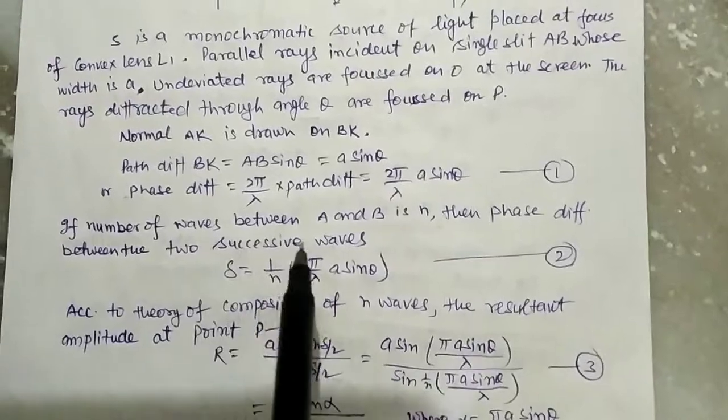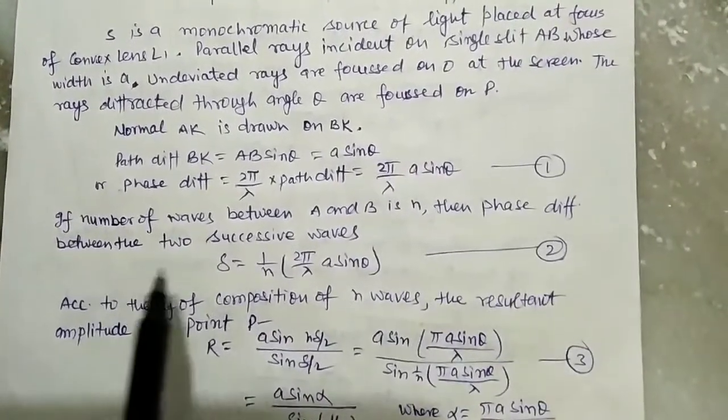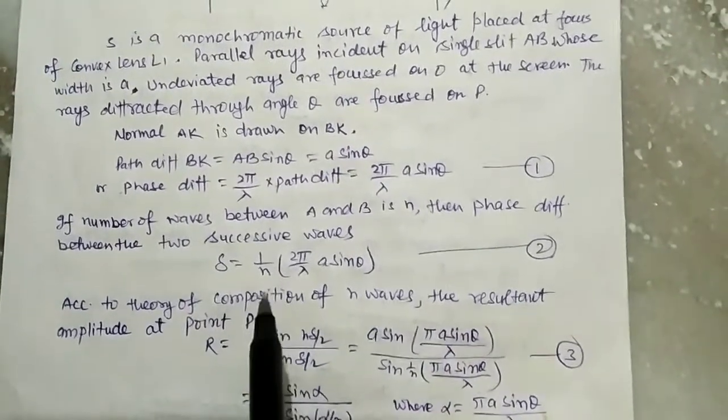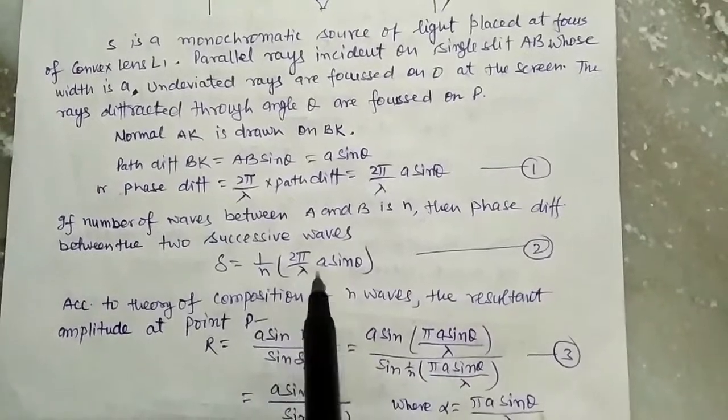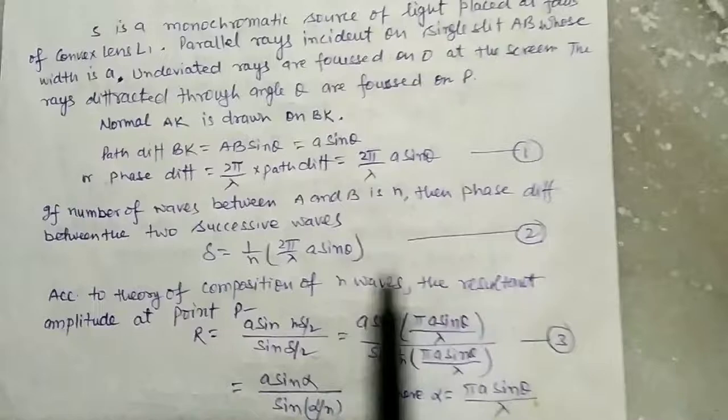If number of waves between A and B is n, then the phase difference between two successive waves, delta, is equal to 1 upon n, 2 pi upon lambda a sin theta. That is the phase difference. Equation number 2.